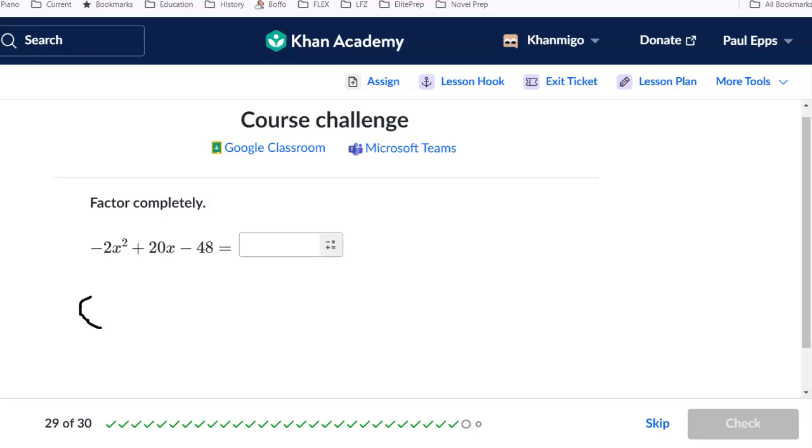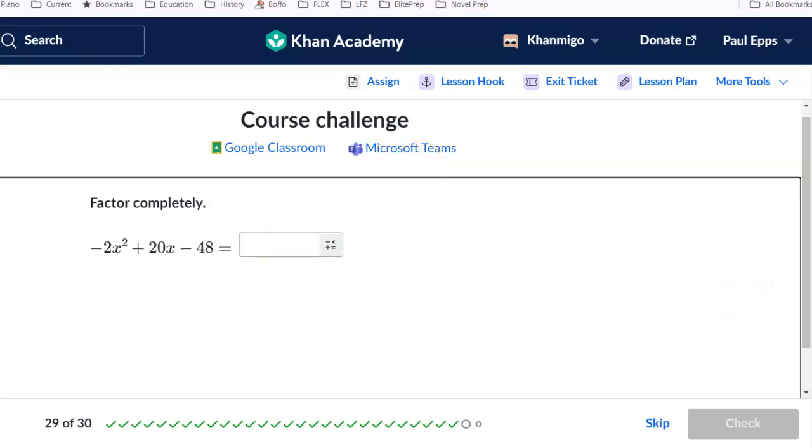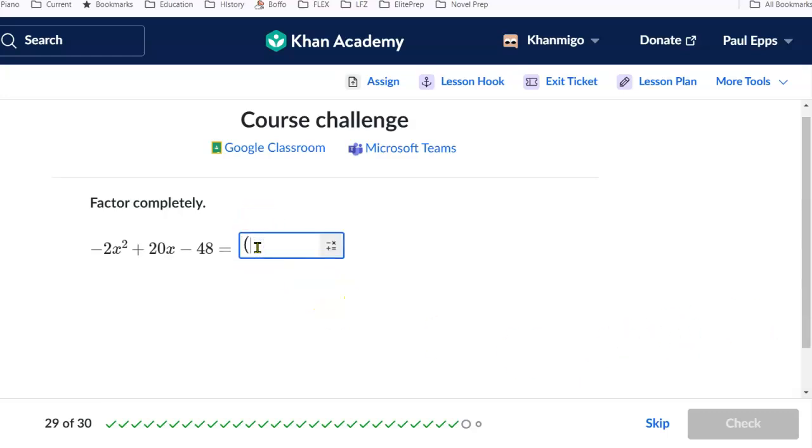Well, actually, we might as well just put it in as the answer, because I think if they don't mean take the 2 out, then, well, let's say we've got negative 2x. The 12 has got to be on this side.